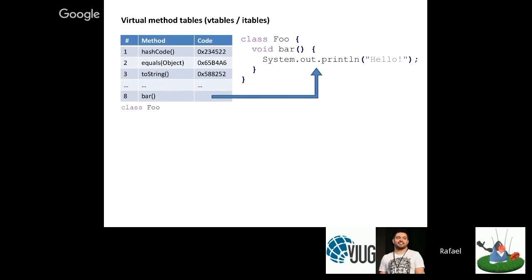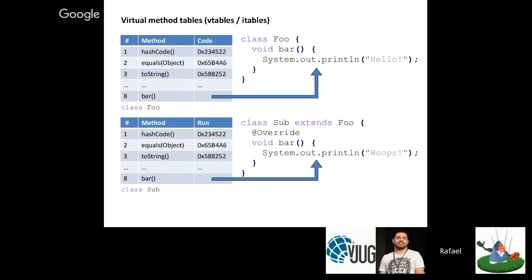and see that it points to system out println hello. If there was another class sub which overrode bar, then we would have another implementation here, right? And then this class's virtual method table would also have an index 8 with method bar, which points to another machine code address. And this is how the virtual machine then finds out to print whoops instead of hello.